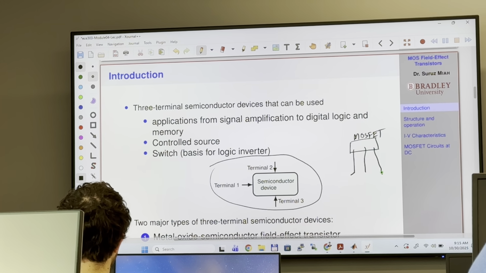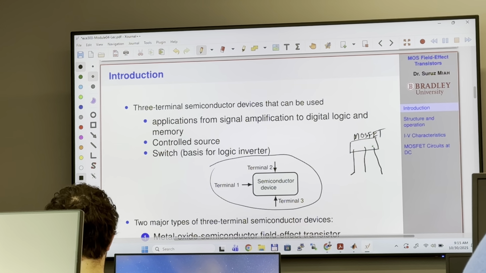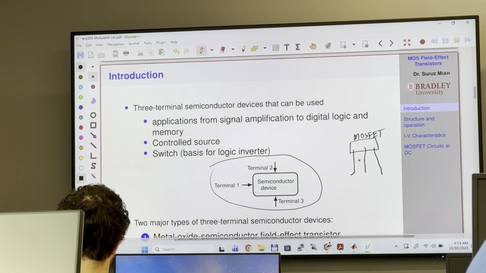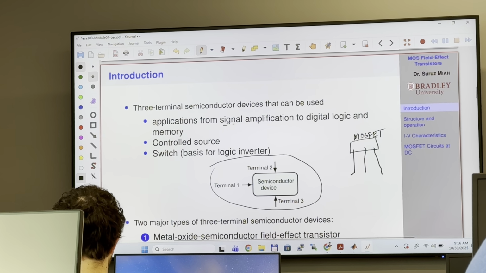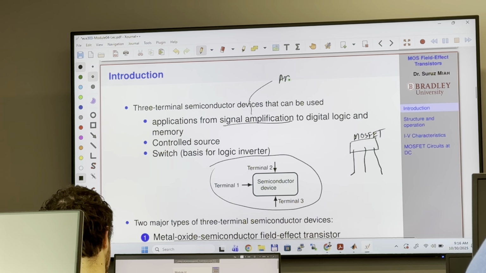Yes. What does MOSFET stand for? Yeah, I'll talk about it. I have the detailed slides. For the moment, you can think of this transistor as a 3-terminal device that can be used for signal amplification, for analog function.